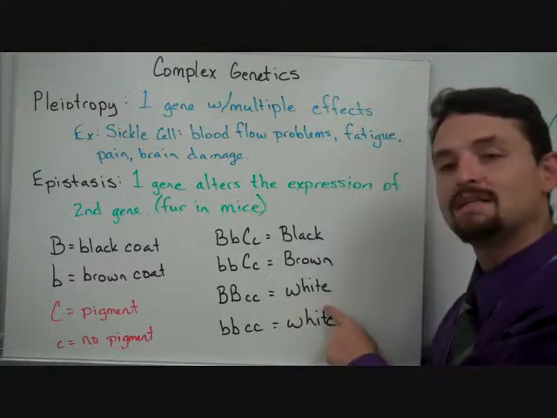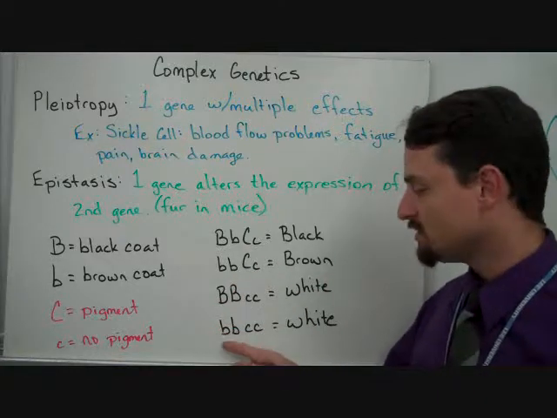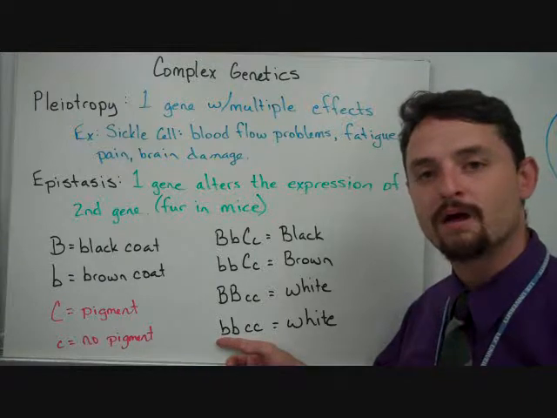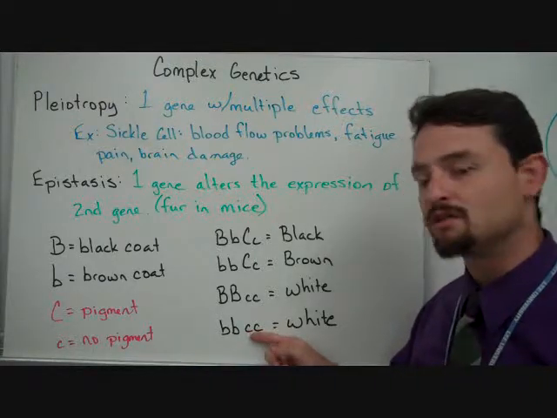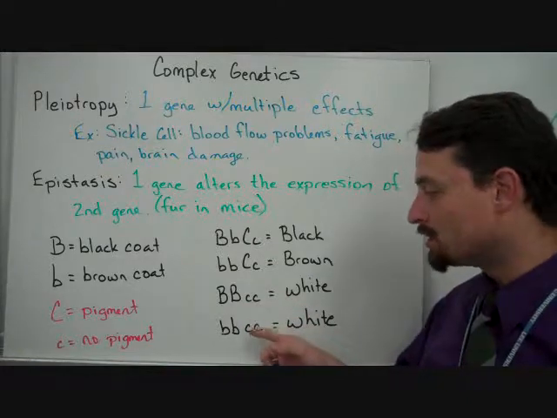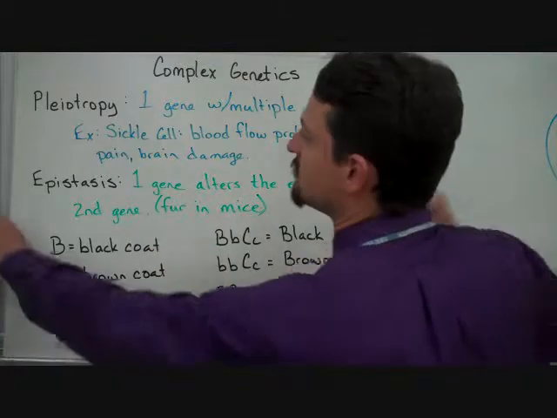So that mouse is white because it doesn't have the pigment gene. Same here, little b should be brown, but because it has little c, it's white once again. So this gene is altering the expression of these genes. That is called epistasis.